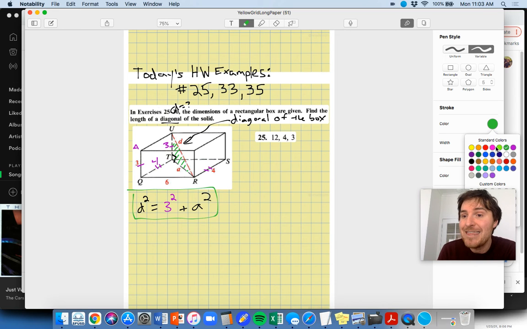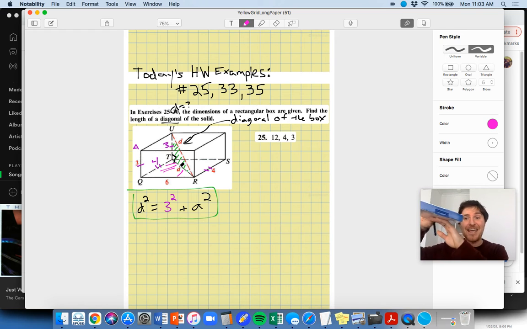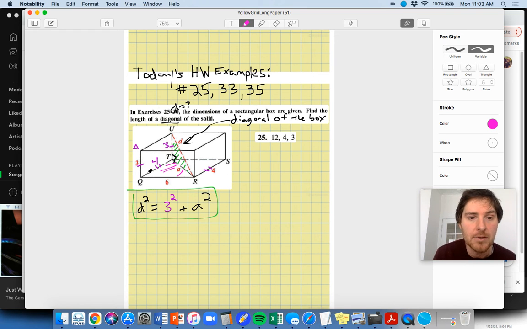So I'm going to use this pink right triangle. It's a rectangle down here, and we know that rectangles form right angles. So their diagonals would form a right triangle, because we have a right angle in the triangle, boom, right triangle right there.